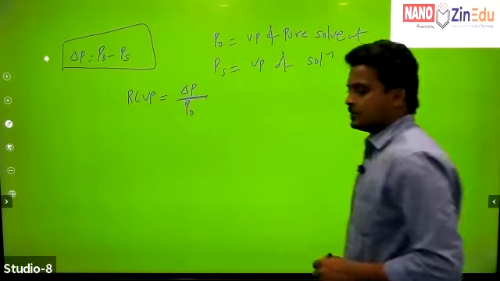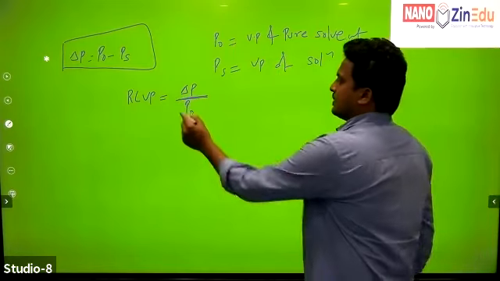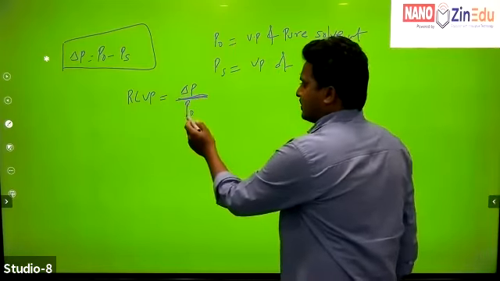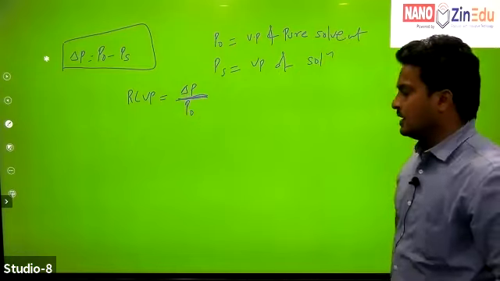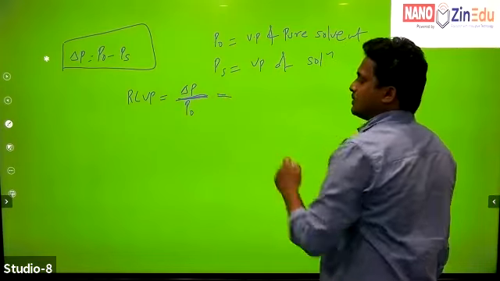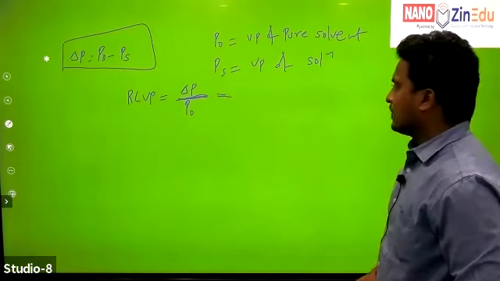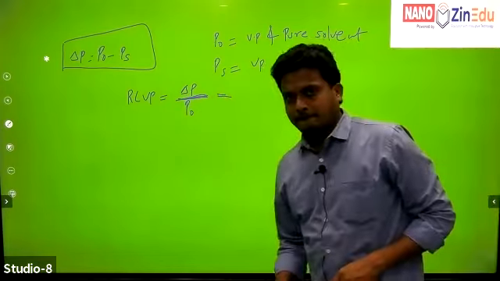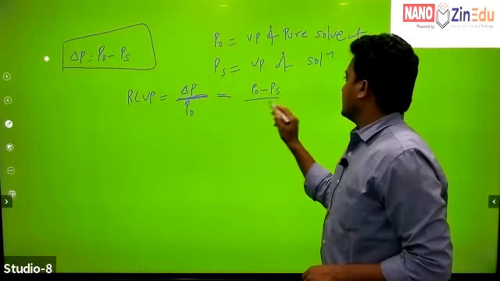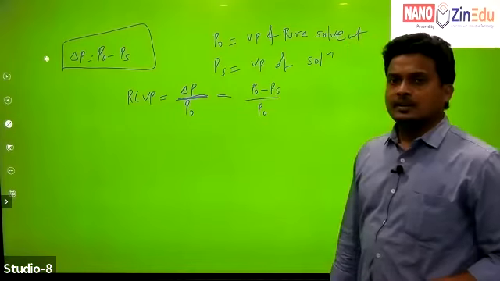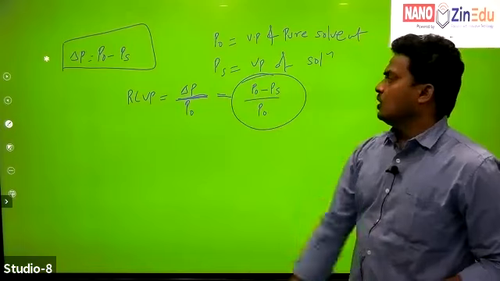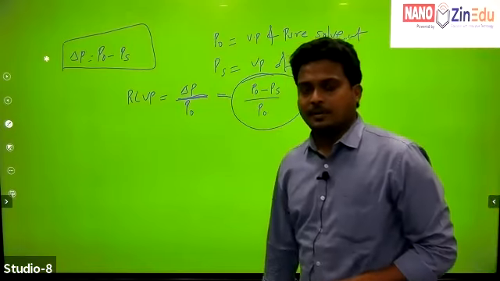It is the ratio of lowering of vapor pressure to the vapor pressure of pure solvent. Therefore, how can we write delta P? We already know it is P naught minus Ps by P naught, called relative lowering of vapor pressure.